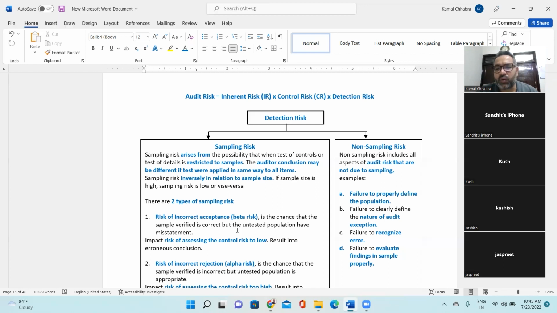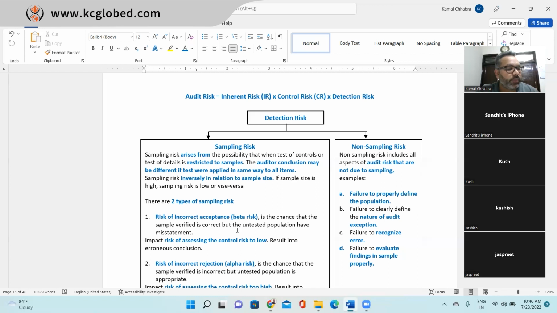Second is failure to clearly define the nature of audit exception. So what will be an exception? Generally we consider any item of difference above the tolerable error as an exception in the respective sample, right? That's how you do audit.